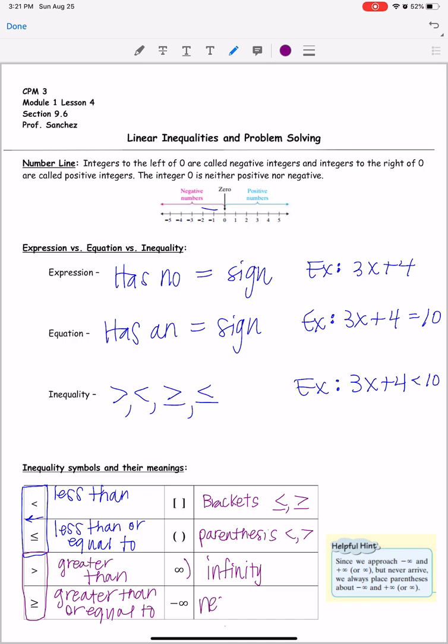And then you have negative infinity, and negative infinity always gets parentheses as well. That's what this helpful hint is telling us. Since we approach negative infinity and positive infinity but never arrive at a number, we will always place parentheses around them. So that's just something you have to memorize.